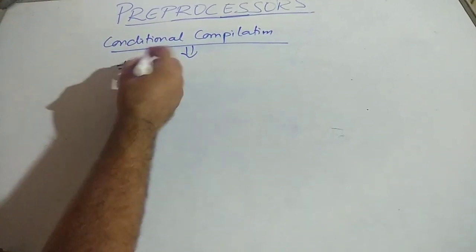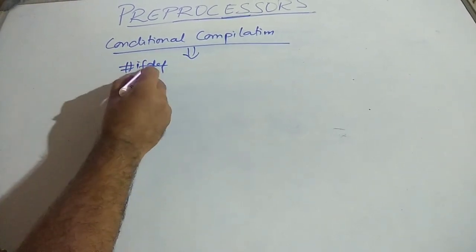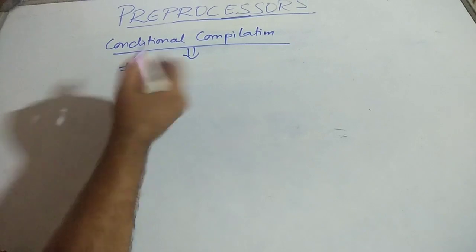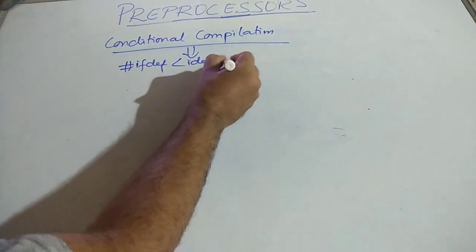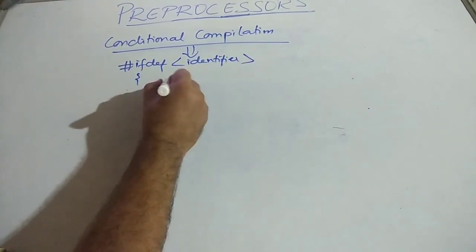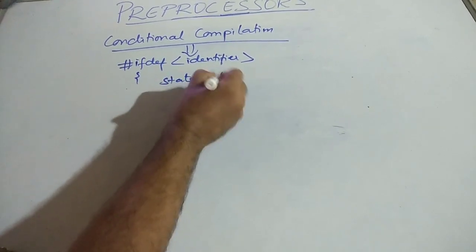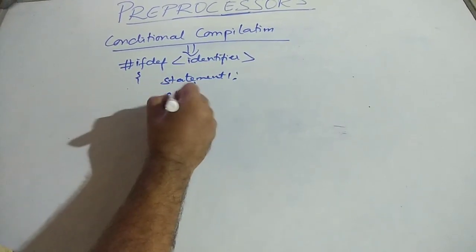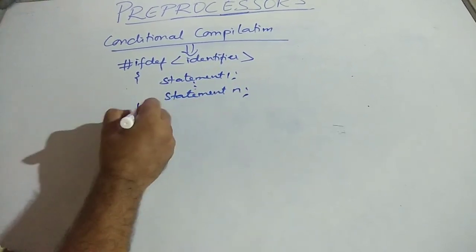How to use this conditional compilation. #ifdef. Ifdef means if the macro has been defined. So whatever identifier I am giving here, if this identifier is defined, then execute that part of the code, that is the body of the if block, statement 1 to statement n. Is it clear?